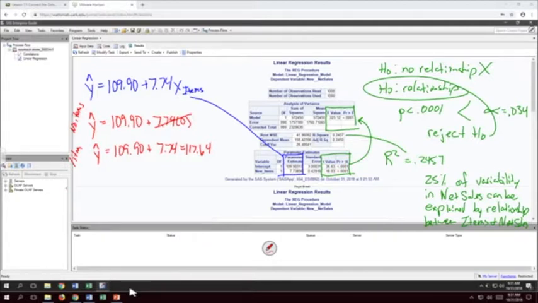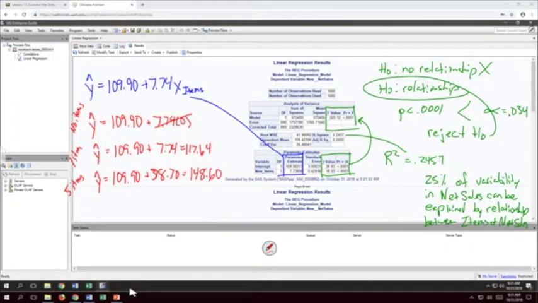Let's try, what do you think, 5 items? $38.70. $148.60.